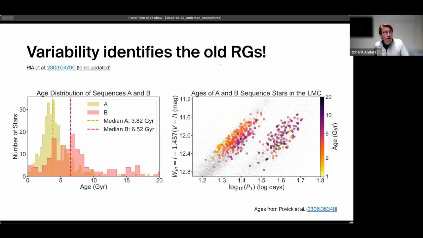Although you do expect a fainter tip for younger stars. I mean, those would then have higher mass, right? And they would reach the TRGB at a younger age. So what constitutes the tip is then probably a bit tricky to differentiate.